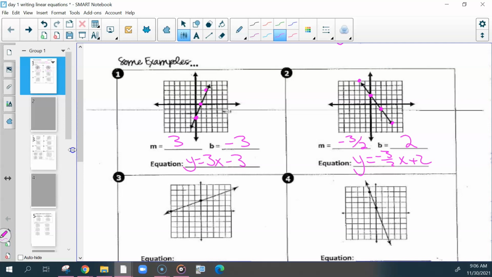And the positive 3? We have to find another point that goes through the grid lines exactly. There was a point drawn right here, and I found that this point also goes through the grid lines. You could use either of those 2 points and start at whichever one. We started at the y-intercept. You have to count up 3 and then over 1, so it would really be 3 over 1, but we want it simplified.